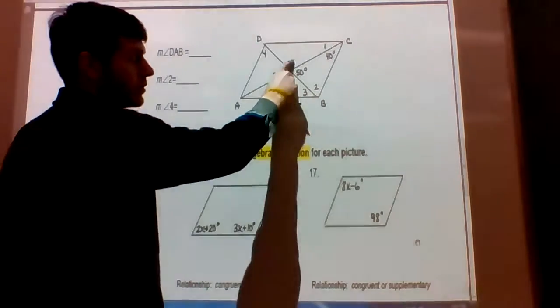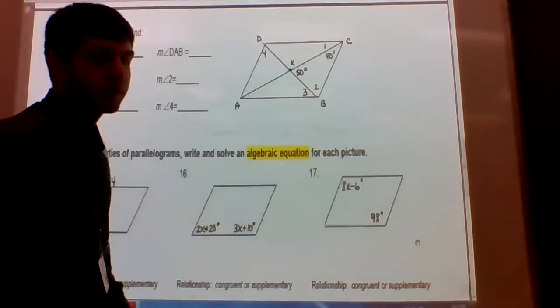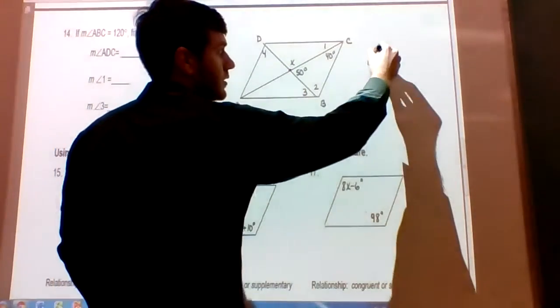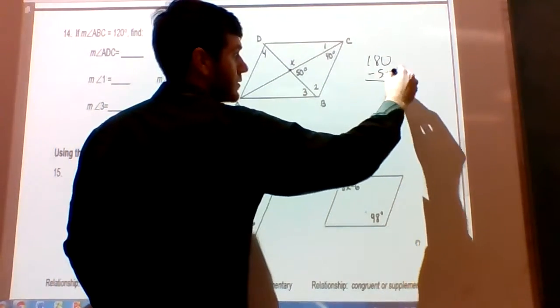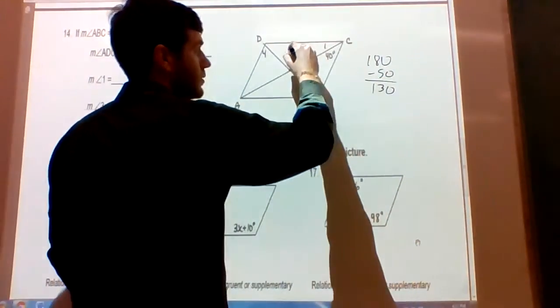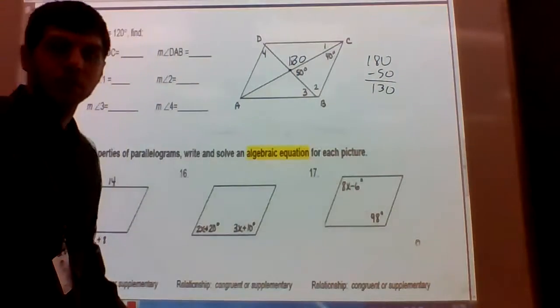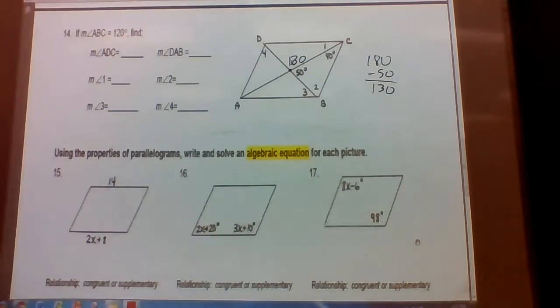We know these two angles here form a linear pair. So if this one's 50 degrees, 180 minus 50 is going to give us 130. We know this one is going to be 130 degrees. If they form a linear pair, they're supplementary, so their angle measures add up to 180.